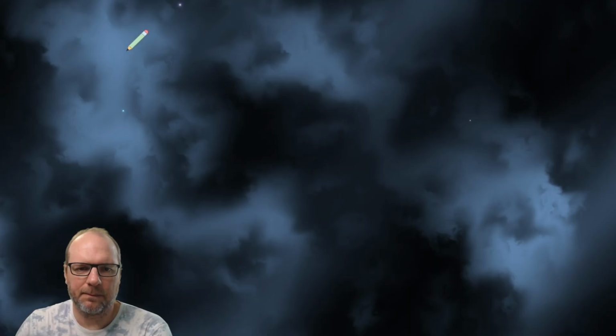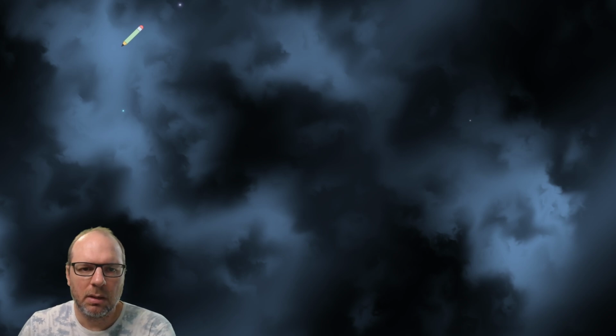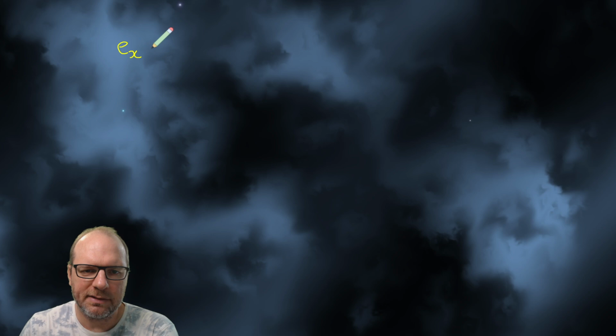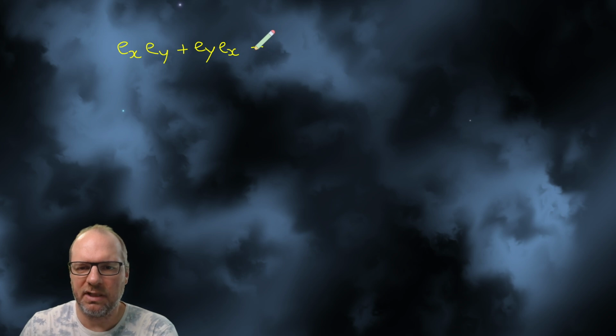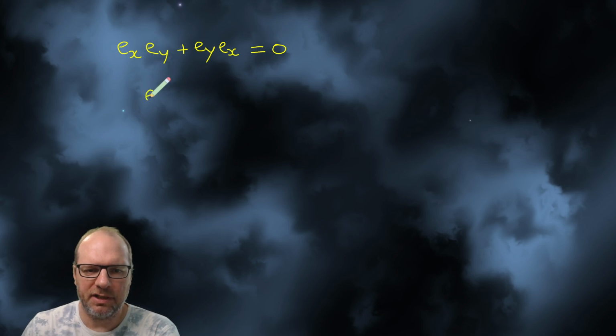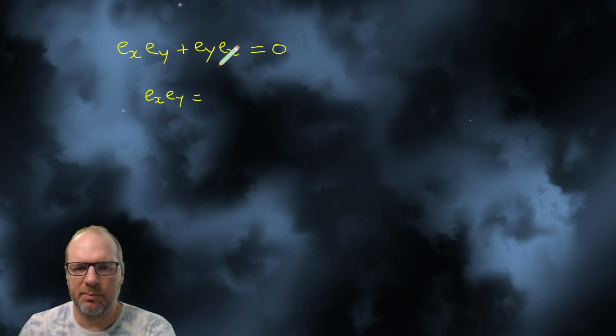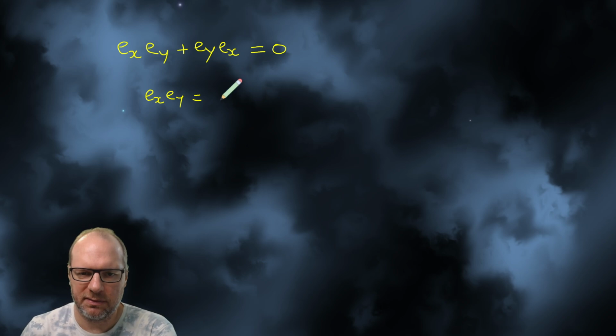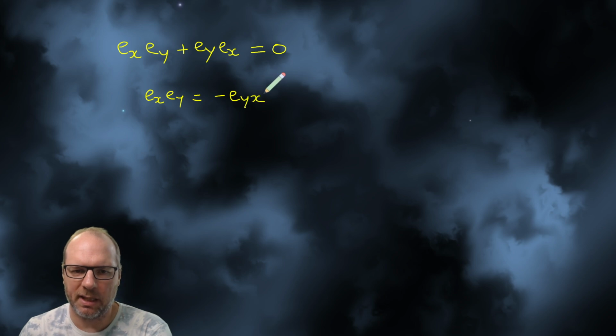So what does it mean? e sub x times e sub y plus e sub y times e sub x must equal 0. And so e sub x e sub y equals, putting the symbol on the other side, minus e sub y e sub x. That's our rule.